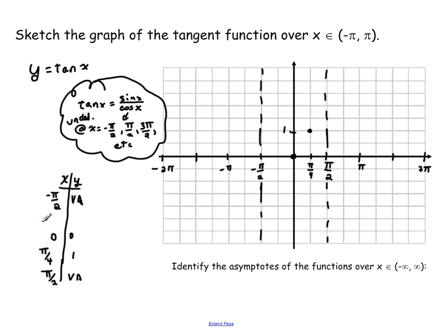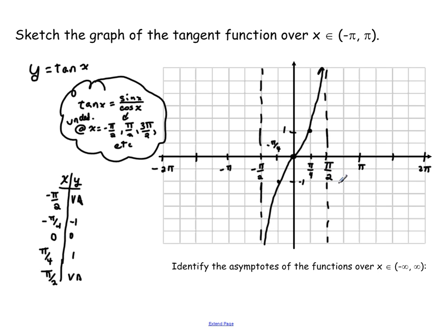And at negative pi over 4, which is halfway between 0 and negative pi over 2, my graph would be passing through negative 1. So if I come over here at negative pi over 4, my graph passes through negative 1, and my graph would come along the vertical asymptote at negative pi over 2, pass through the x-axis at 0, 0, come along through pi over 4, 1, and then head up towards positive infinity.